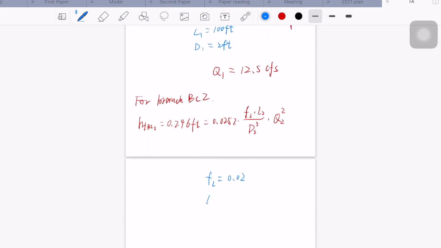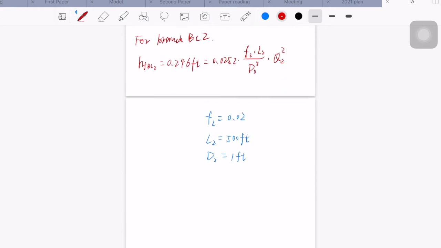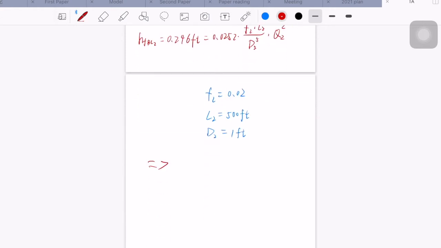The length of BC2 equals 500 feet, and the diameter of BC2, D2, equals 1 foot. So we can determine that the flow rate in branch BC2, Q2, equals 1.0 cubic feet per second. So we finish this problem.